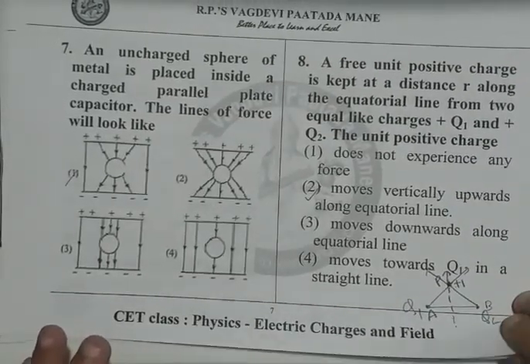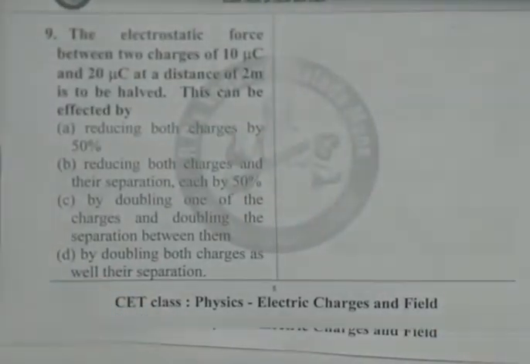Now we go for the next question number 9. We read it. The electrostatic force between two charges of 10 microcoulomb and 20 microcoulomb at a distance 2 meters is to be halved. Observe here, we are given two charges, 10 microcoulomb and 20 microcoulomb at distance 2 meters.